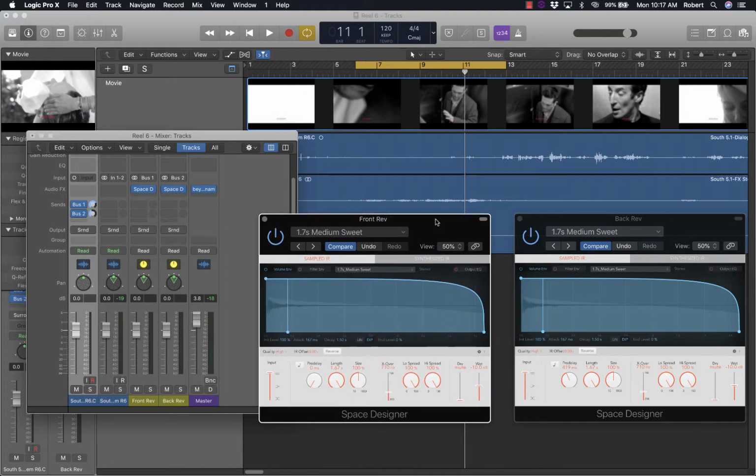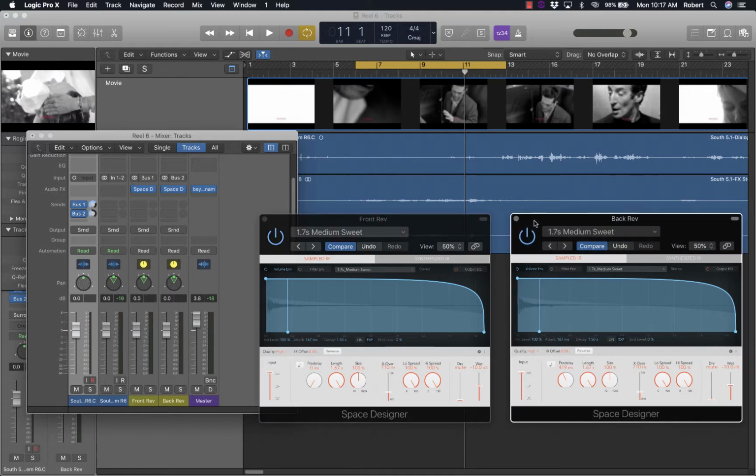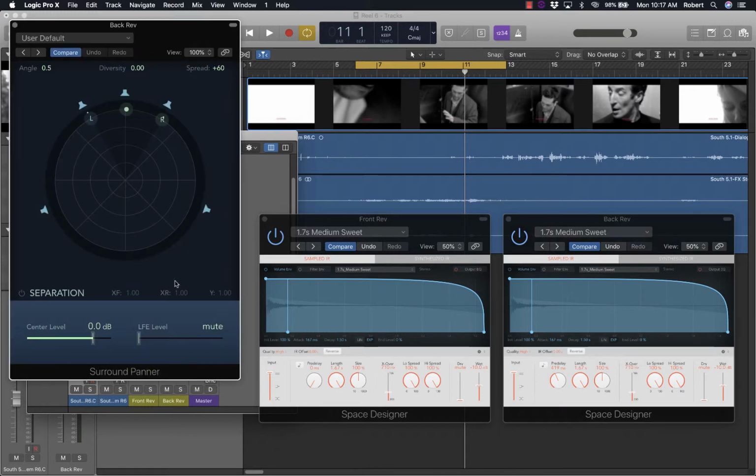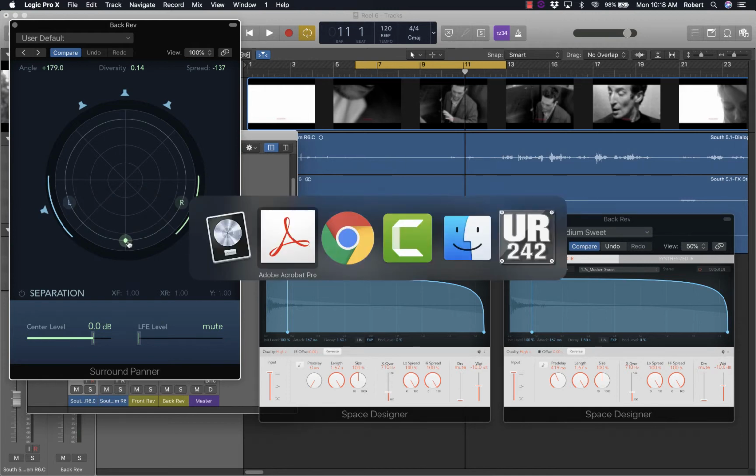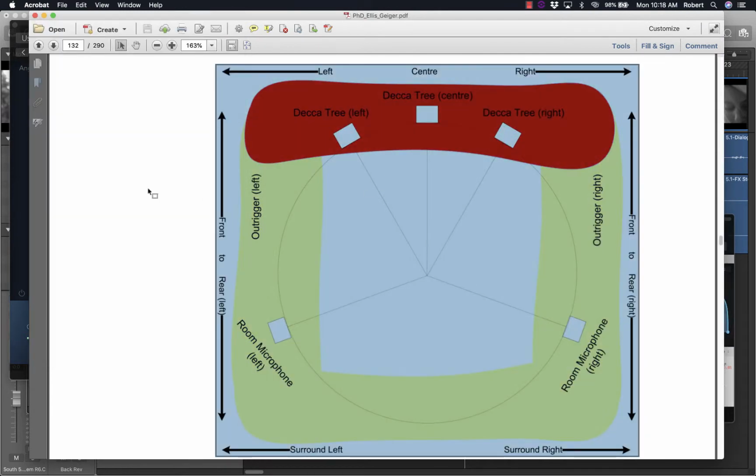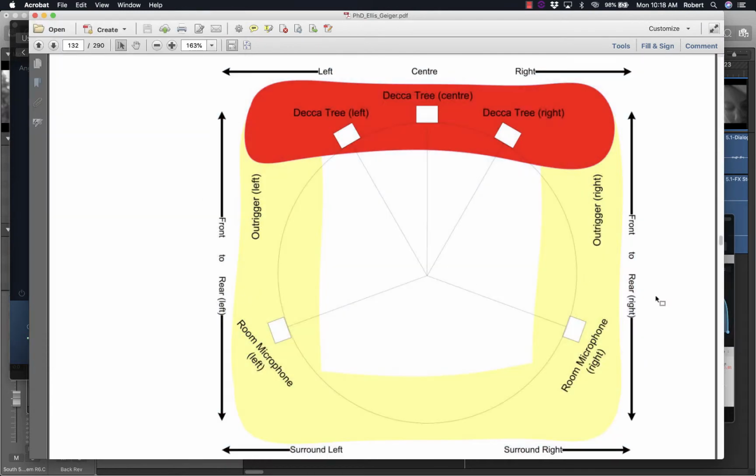So again, the front reverberation processor, I pan to the front. This stereo effect processor will be pan positioned to the back, and maybe a little bit over, with a tiny bit of overlap between the front reverberation area and, if I go back to this illustration, the surround reverberation area.